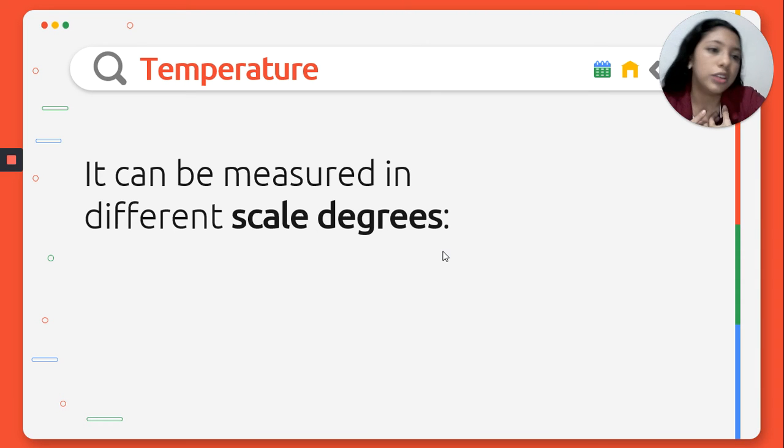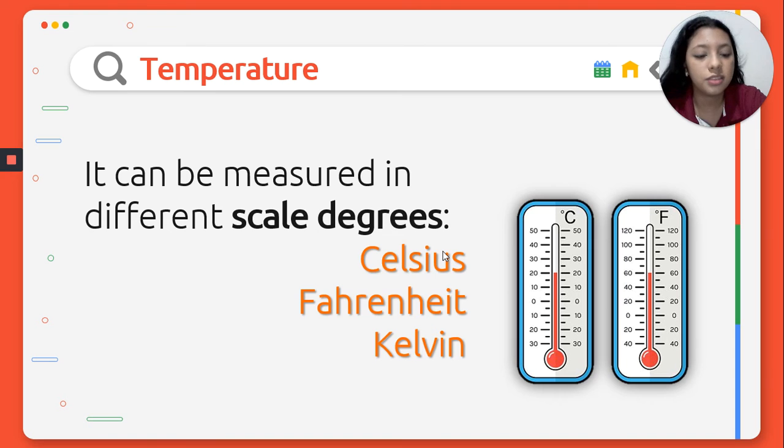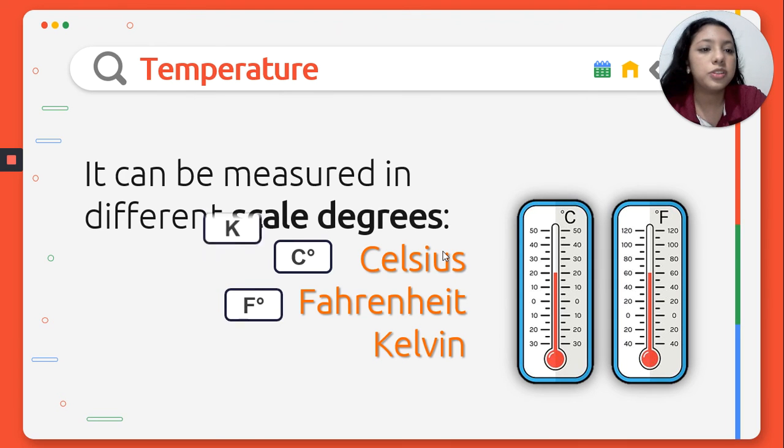We only know the Celsius one, but there are two others that I want you to know today, the Fahrenheit and the Kelvin. And their acronyms are pretty much like this. Here we have Celsius with a C, Fahrenheit with an F, and Kelvin just with a K. Notice that it doesn't have the degree sign.